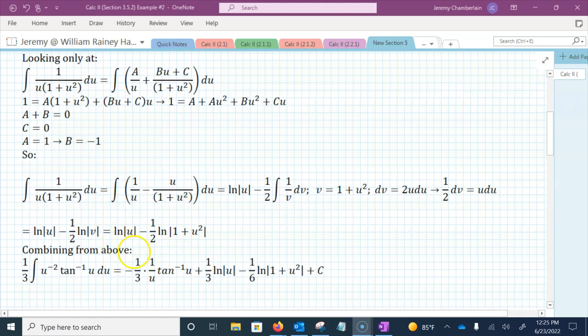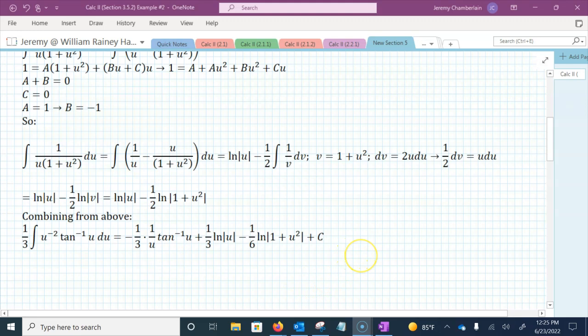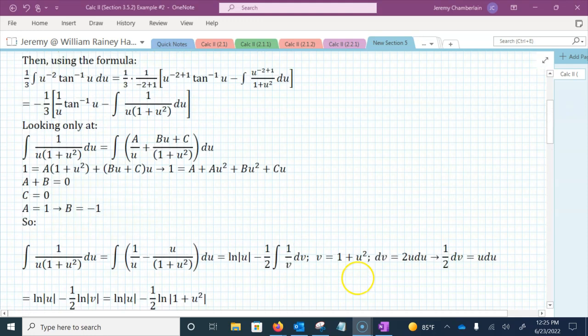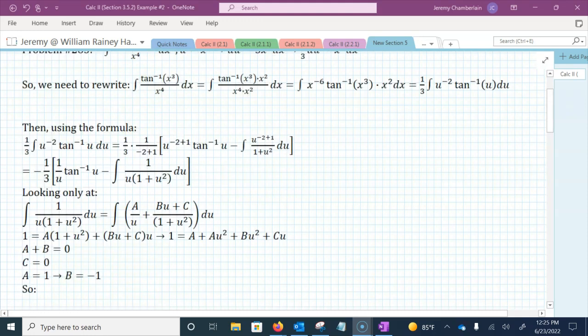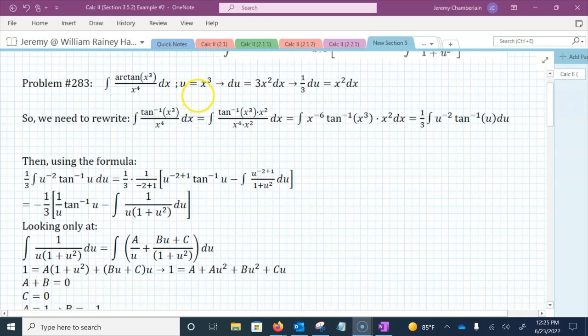So we have a positive 1/3 times natural log u, and a positive 1/3 times minus 1/2, that's minus 1/6, natural log of 1 plus u squared, plus C. Now remember, we're not done, because this is in terms of u, but the original u substitution that we had, all the way back at the top, is u equals x cubed.